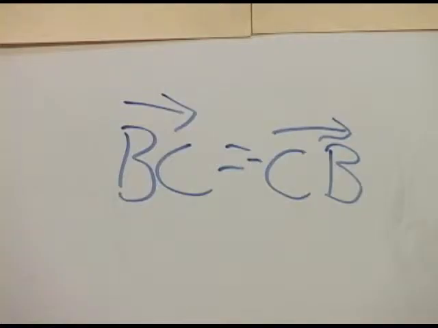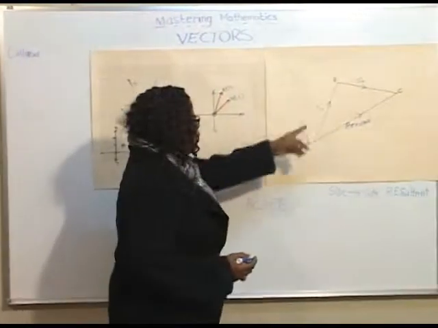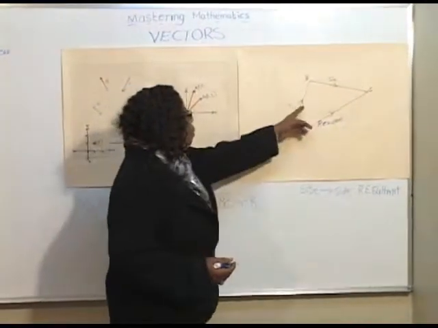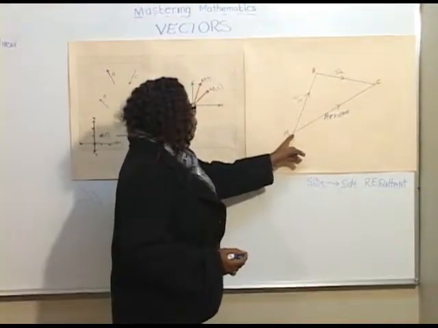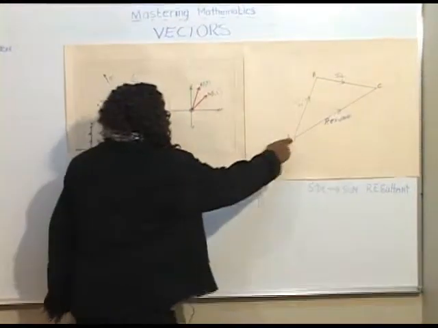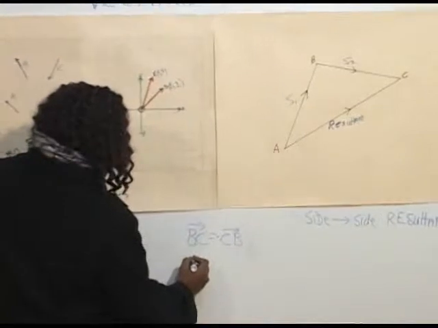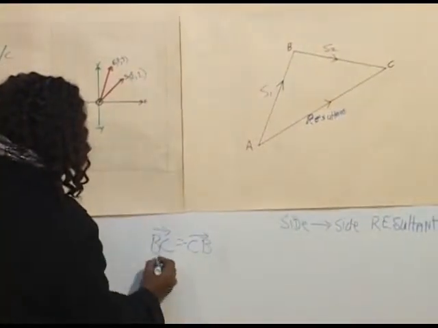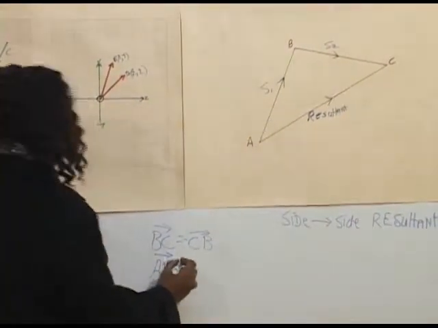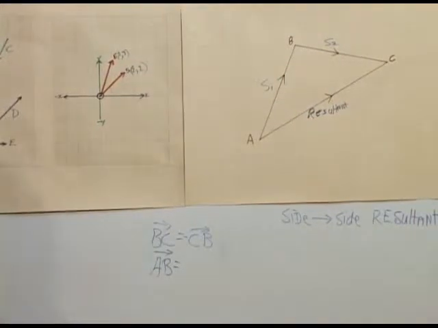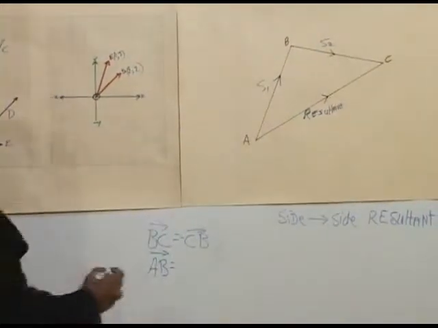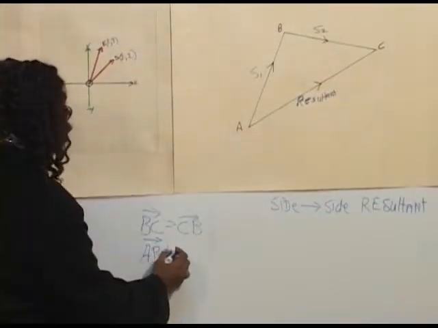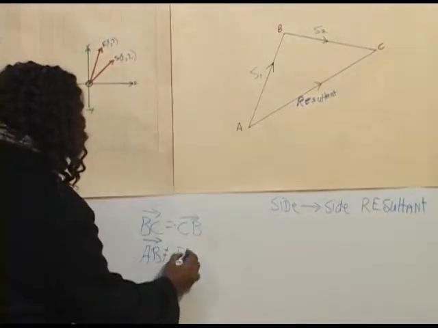So please note, how do we know what to call the sides? It is the direction in which the arrow is pointing. So we start from the bottom here going up, and this line would be called AB, okay? AB. Now we could never say AB is the same as BA.